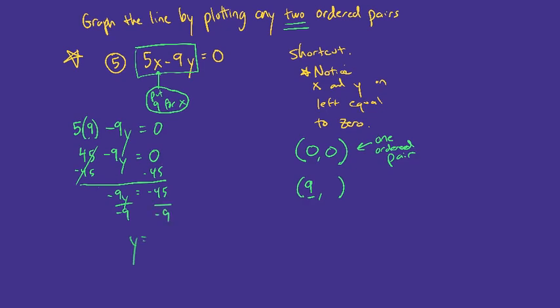And y equals positive 5. And it will end up being the two coefficients, but the signs may not be the same. It might be 9 and negative 5, or it might be 5 and negative 9. So go through this process just to make sure you get your signs right. But these would be your two ordered pairs.